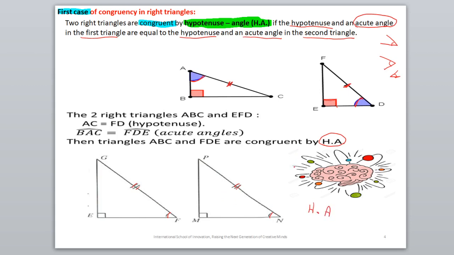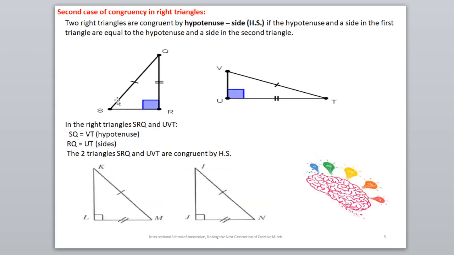Is there any other way to prove they are congruent other than hypotenuse angle? Yes, there is a different way. Let's see how. Second way: two right triangles are congruent by hypotenuse side. It means that a hypotenuse and a side from the first triangle are equal to a hypotenuse and a side in the second triangle.